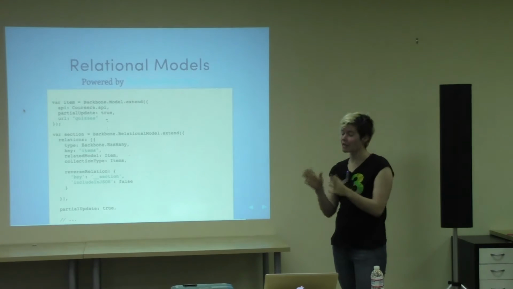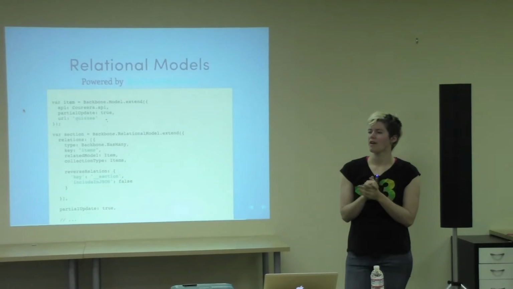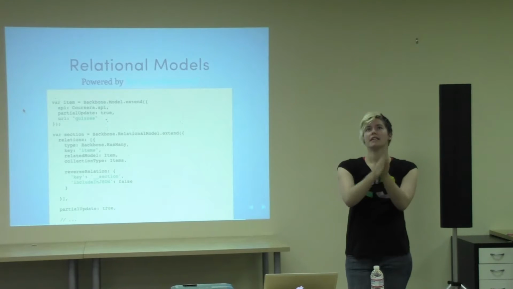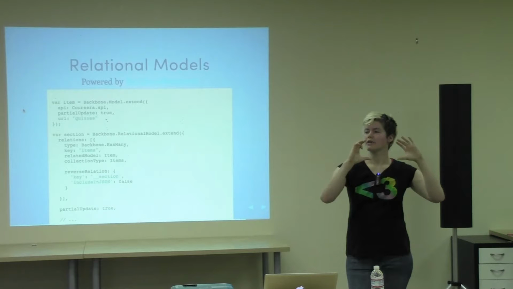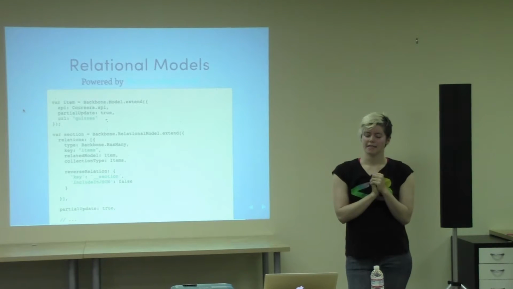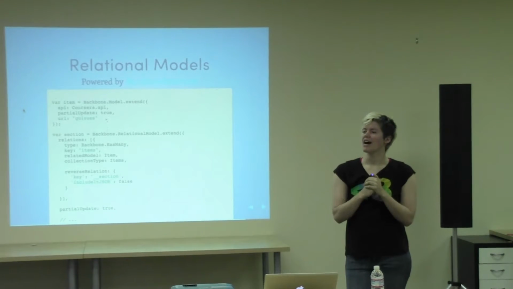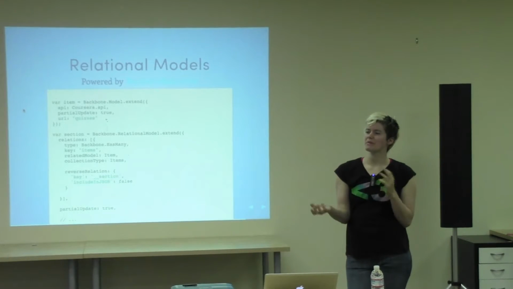When we first had it, especially with relational models, it's really easy to accidentally override your relations. So we had our courses, where they're related to instructors and TAs and stuff like that, but they were also related to our students model. So that was kind of our enrolled students. And I didn't realize this, and accidentally was sending an empty array for students, which would then unenroll everybody that was in the course.